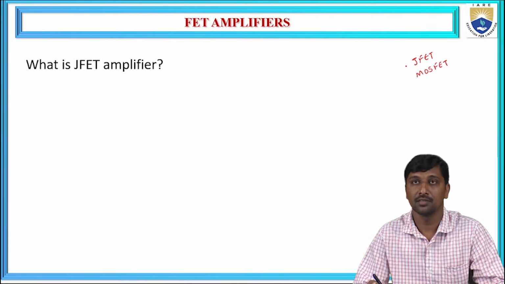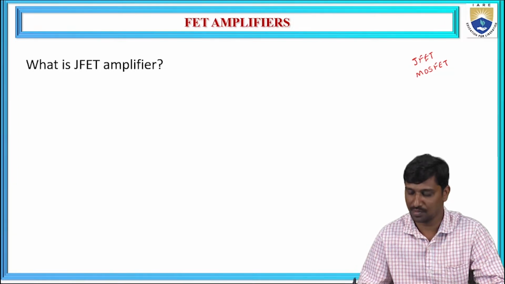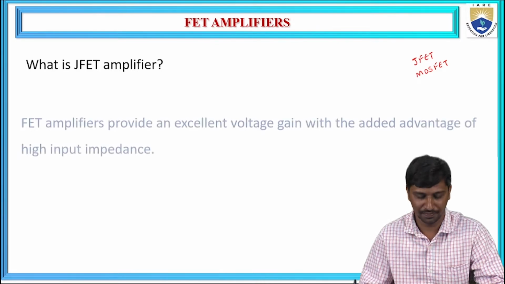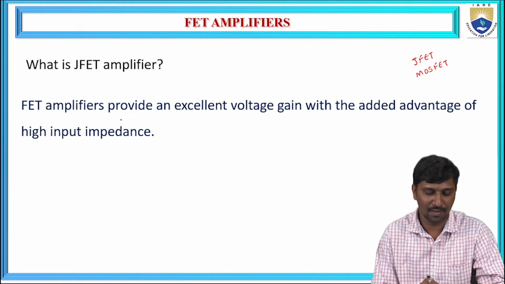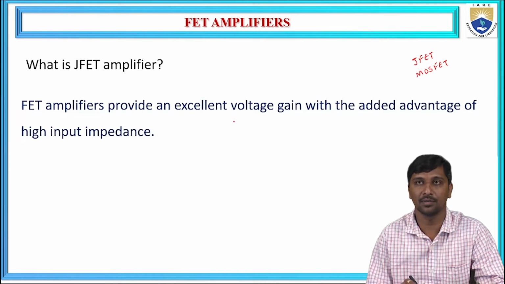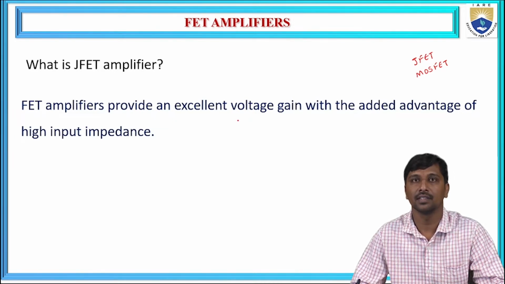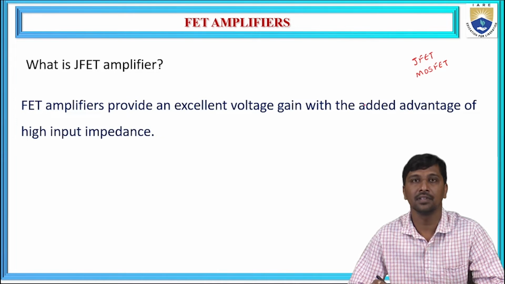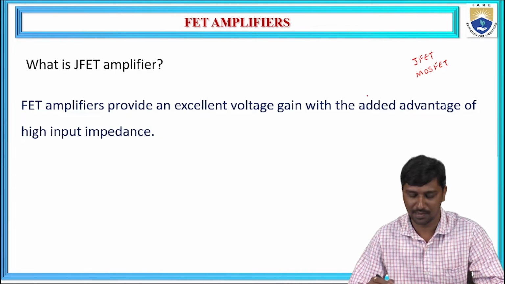These FETs can also be used for an amplification process to improve the signal strength in terms of voltage, current, or power. Hence these FET amplifiers provide excellent voltage gain. Why? Because they have a very high input impedance.